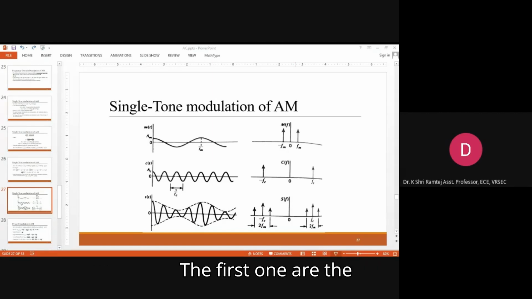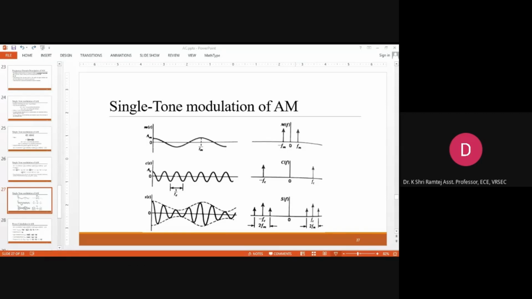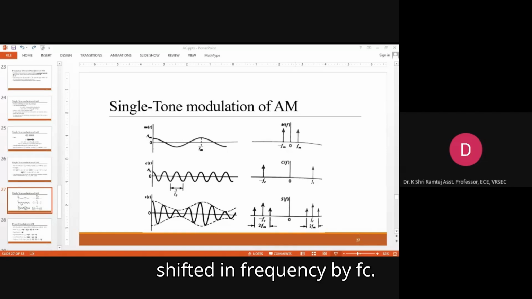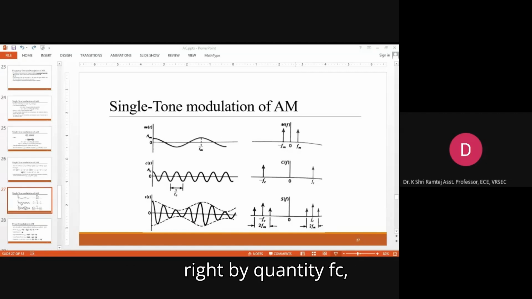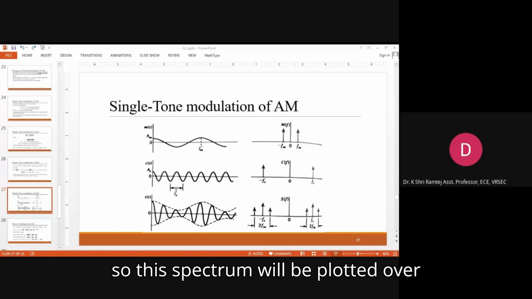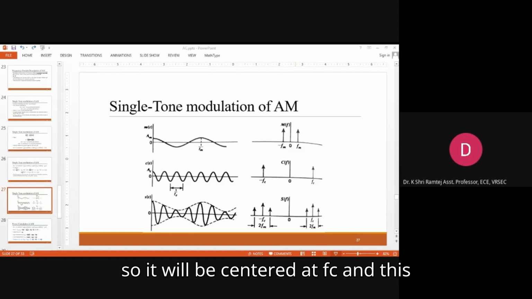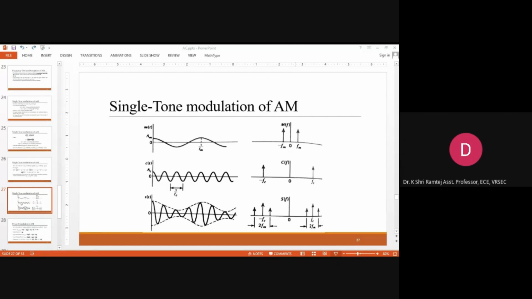The first ones are the frequency components at plus or minus fc, and then the same message spectrum shifted in frequency by fc. When this spectrum is shifted to the right by the quantity fc, it will be centered at fc, and the upper limit will become fc plus fm, and the lower limit becomes fc minus fm.